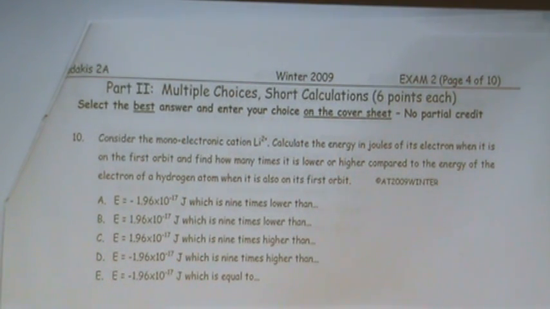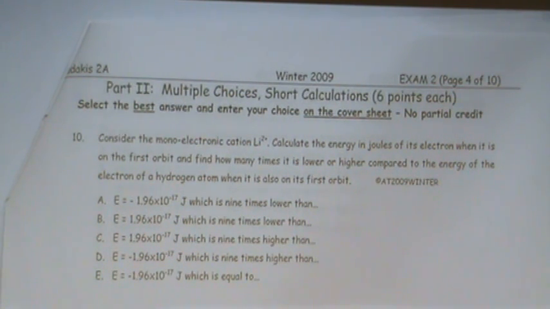Okay, so this problem is telling us to consider a monoelectronic cation. Li2+ is a monoelectronic cation, and we need to calculate the energy in joules of its electron when it is on the first orbit.